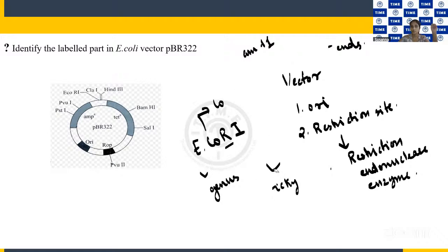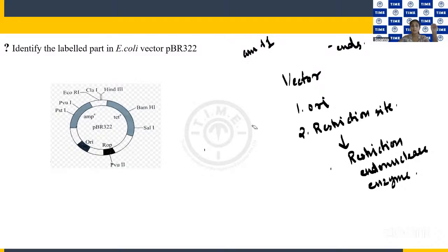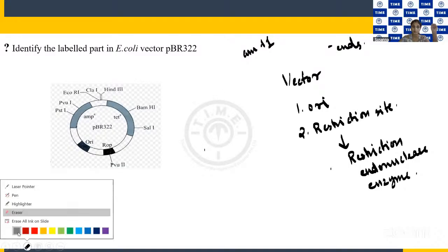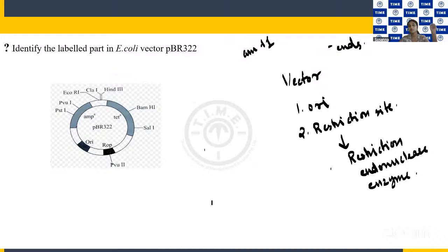So we were dealing with the characters of a vector. It needs a restriction site. What else does it need? A selectable marker. Selectable marker can be anything. The two main selectable markers that we are studying: one is the antibiotic resistance gene.